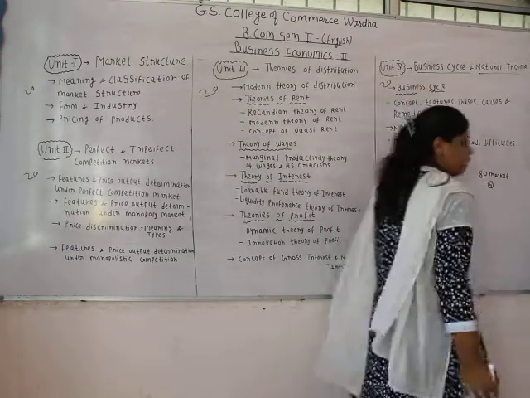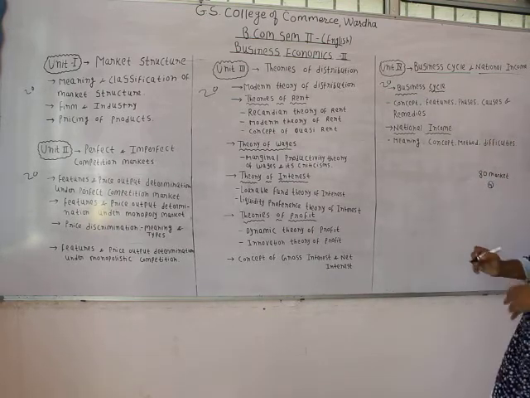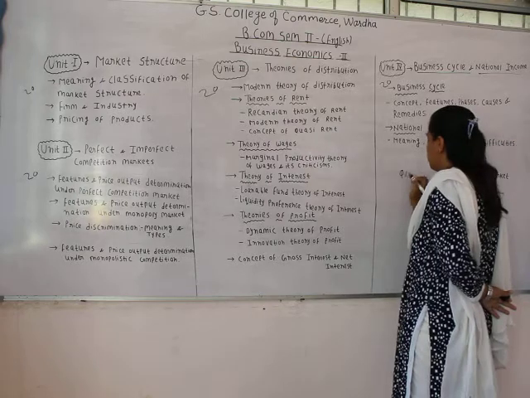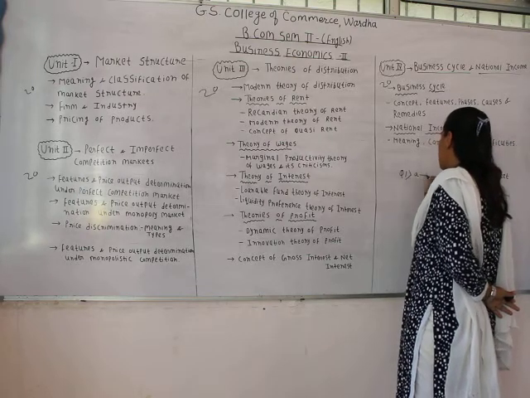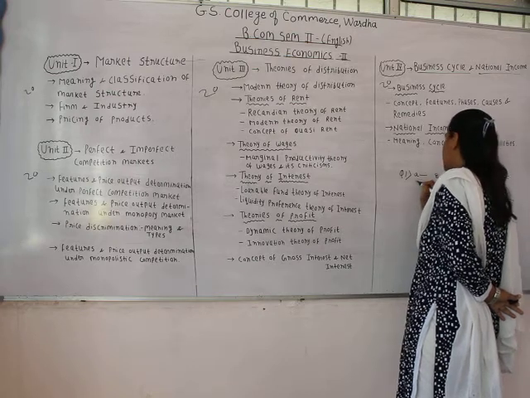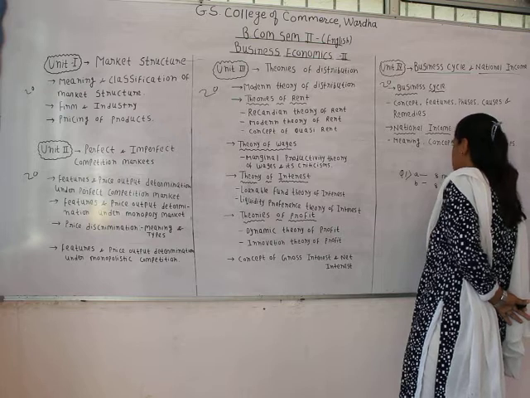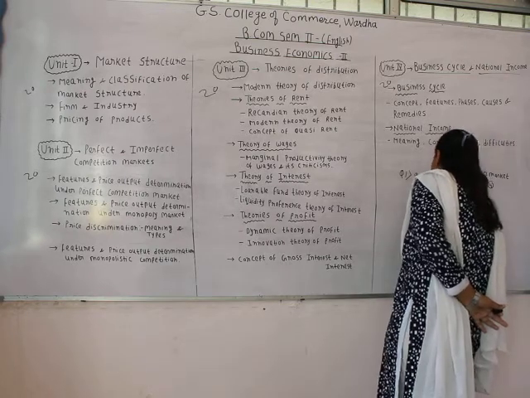And what kind of questions would you have? In total, 5 questions. In question 1, you would have A for 8 marks, B for 8 marks, or C for 16 marks.